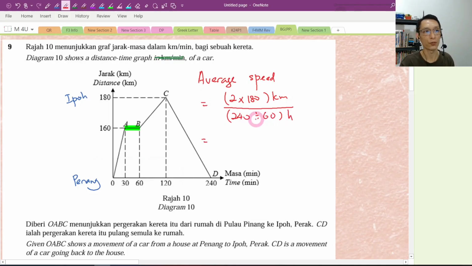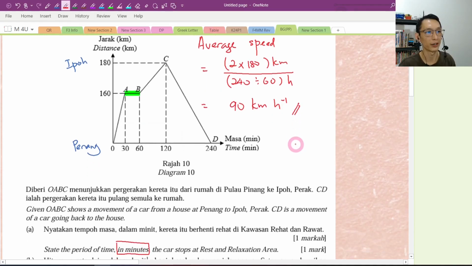So this is actually 4 hours. 2 times 180, you will get 360, right? Divided by 4, you will get 90 kilometer per hour. So this is the average speed.